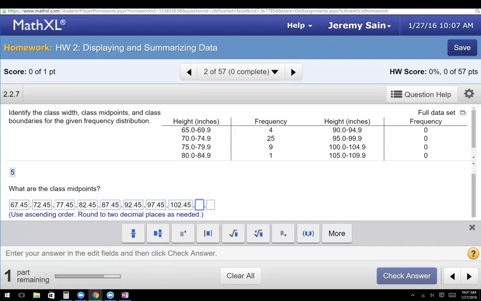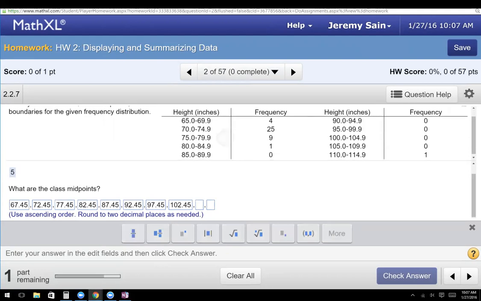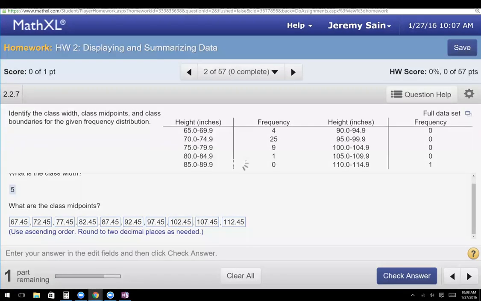Oh, okay, it does go on one more. I was running out of spots. 107, and then 112. So really, after you get the first one, just add the class width to each one and you get the rest of them.